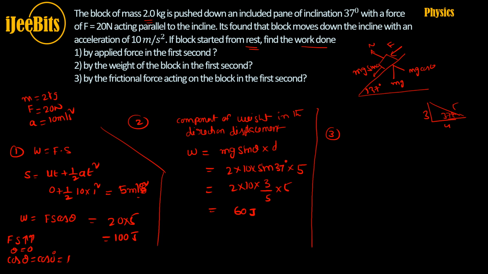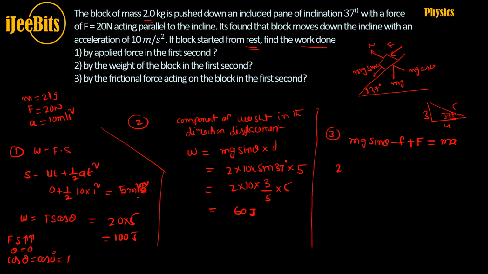Equation of motion of the block: mg sin theta, and then you have the frictional force minus F, plus the applied force, should be equal to your acceleration, ma, mass into acceleration. This is what you are considering.